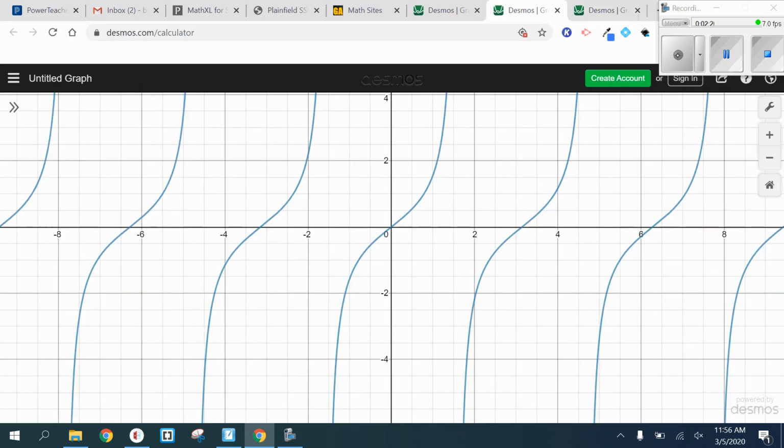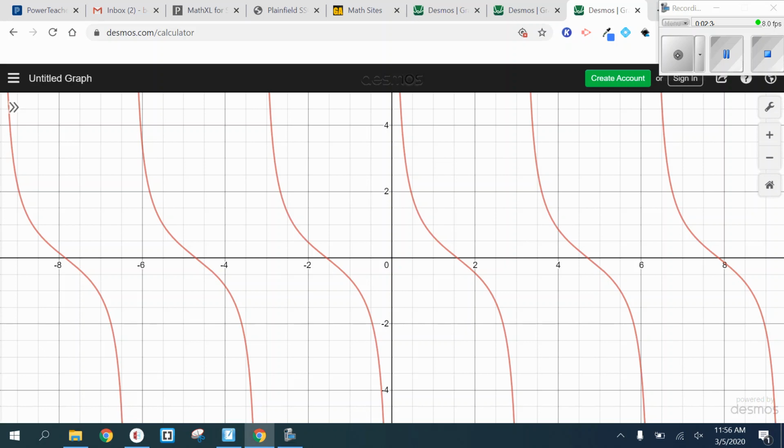On tangent, I want you to memorize that this thing goes through the origin and it's increasing. If you want to write that down, write that down. Tangent goes through the origin and is increasing. Cotangent doesn't go through the origin and is decreasing. If you can memorize those two things, graphing these is really going to be a lot easier.